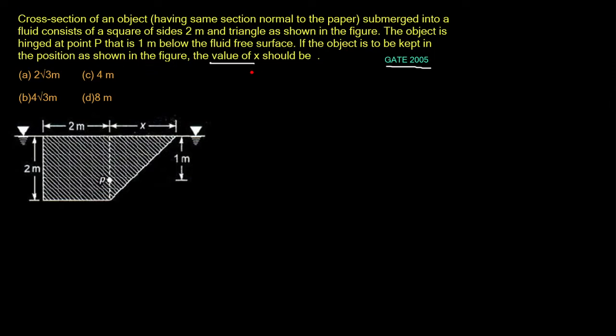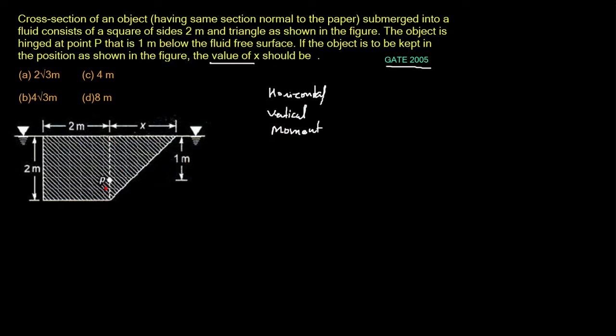For the object to remain in this position, the body should be in equilibrium. And if we talk about the equilibrium of the body, we want the body to be in horizontal, vertical, and moment equilibrium. We want these three equilibriums to be satisfied to say that a body is in equilibrium.